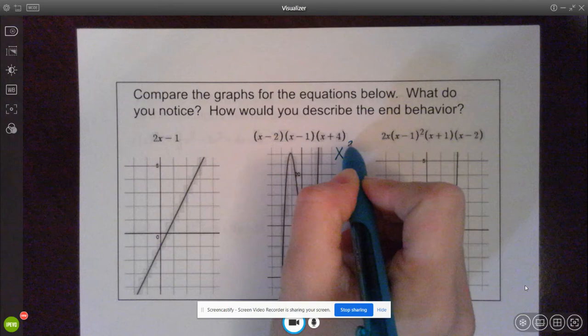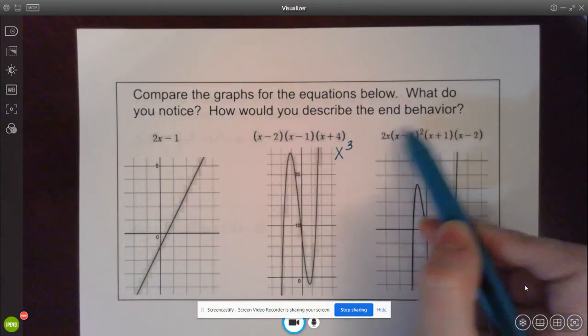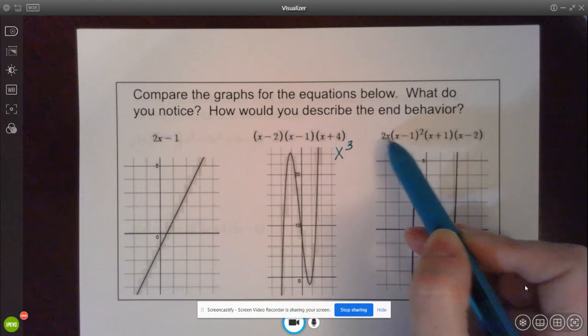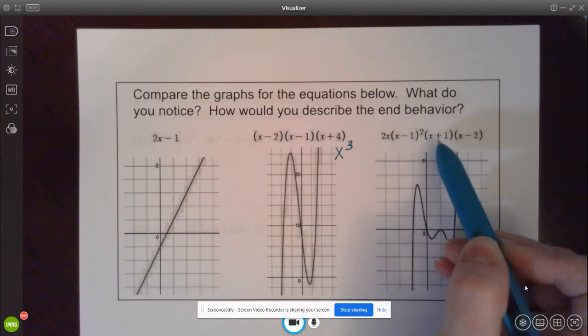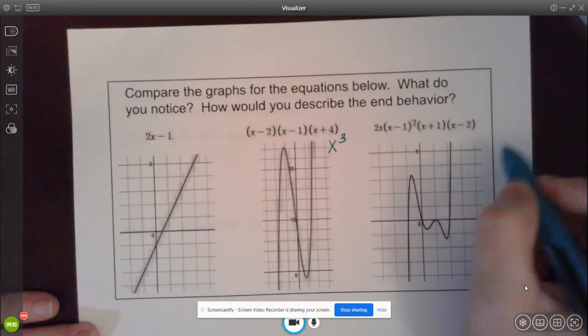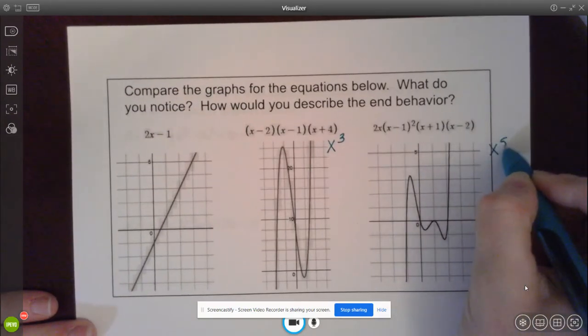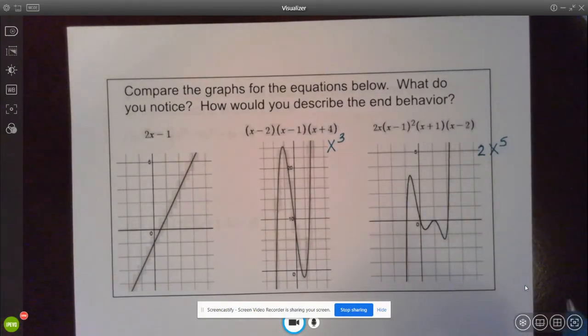On this last one, I have 2x times x, but really this is 2 x's. So I have 2x times x squared, giving me x cubed, times 1 more giving me x to the 4th, times 1 more giving me x to the 5th. And remembering I do have a 2 there, so we'll keep it just to remember.